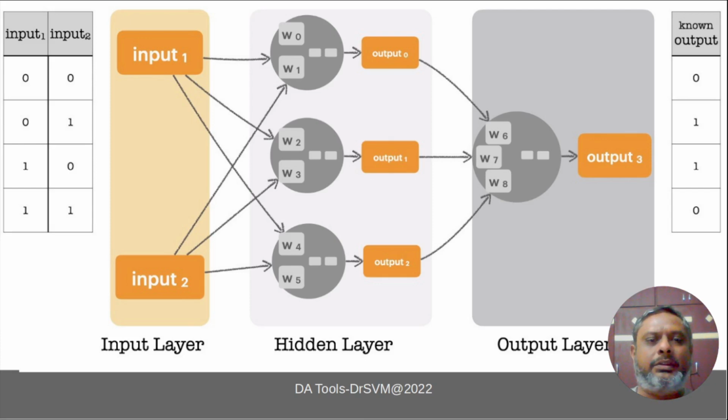So input 1 has a weight W0, input 2 has a weight W1, input 1 in the W2, W3 are for another node, W4, W5 are for another node. And then output 0, output 1, output 2 are used for converging into the final output.